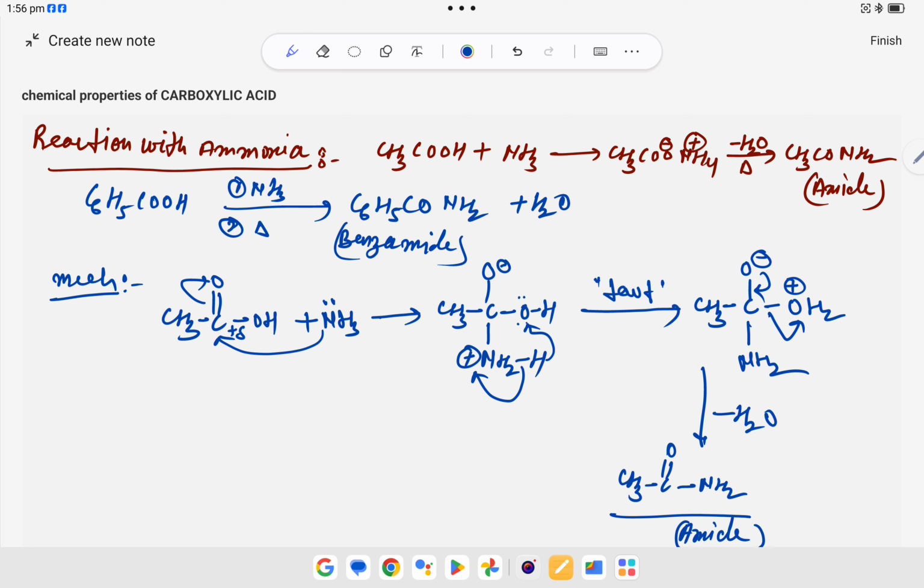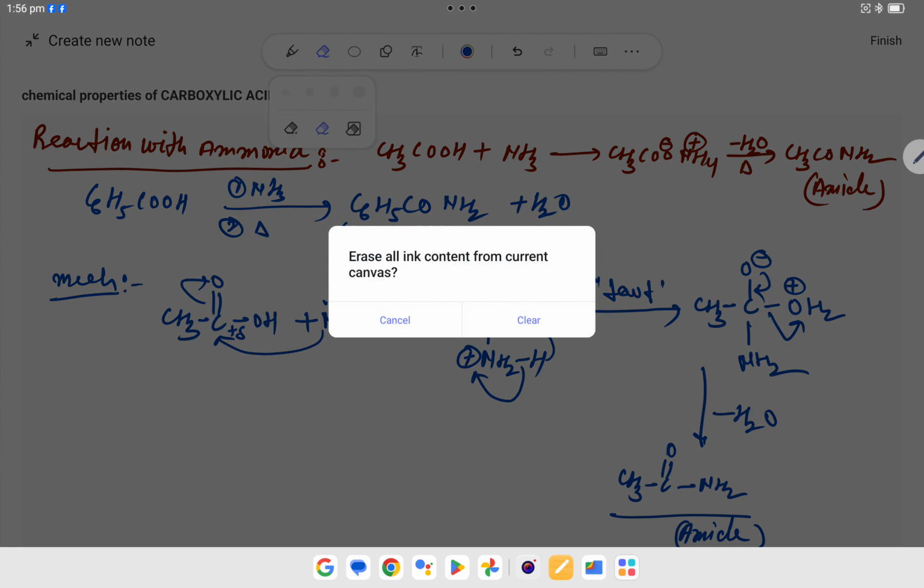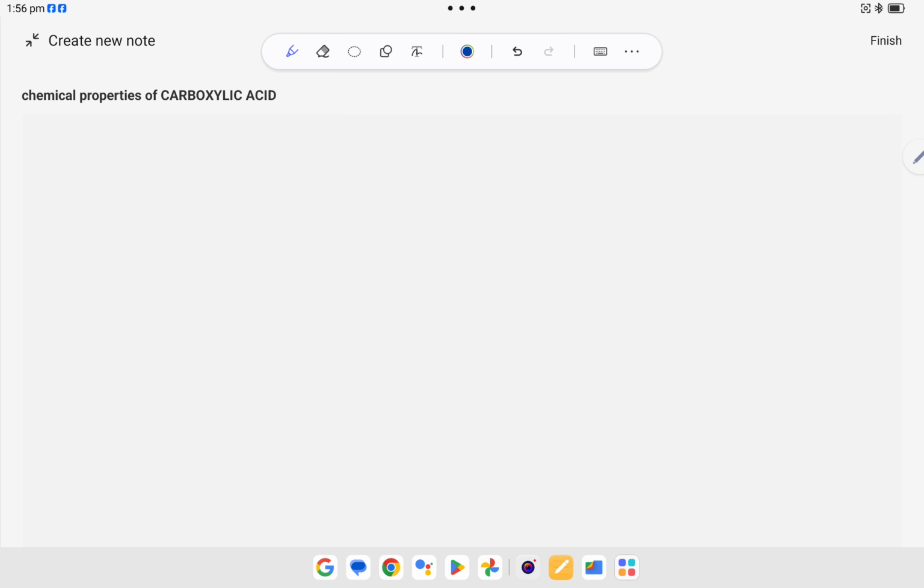That is the mechanism, children. One more reaction in that case, very famous. Suppose phthalic acid is given, try it everyone with me. In the case of phthalic acid, reaction with ammonia you have to write.